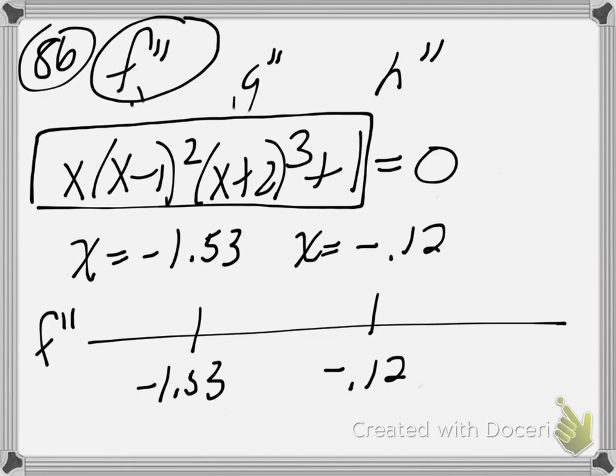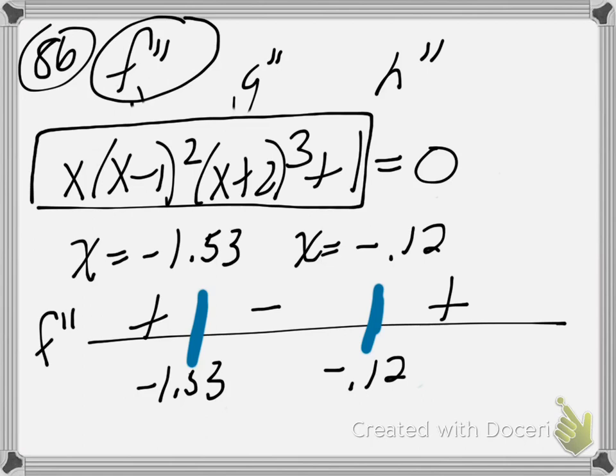And remember, we're putting values in for the second derivative. Okay, so you should get these signs. So that means there's a point of inflection here because there was a sign change. There's a point of inflection here because there's a sign change, and we are looking for 2 points of inflection.